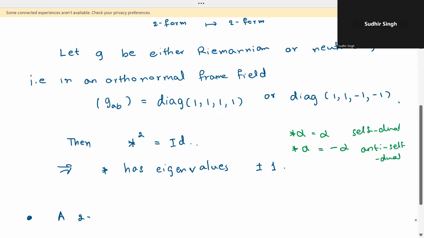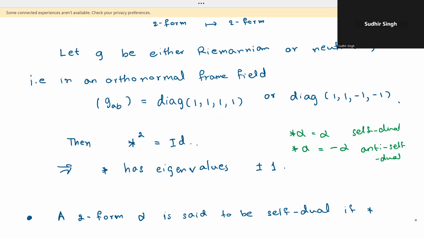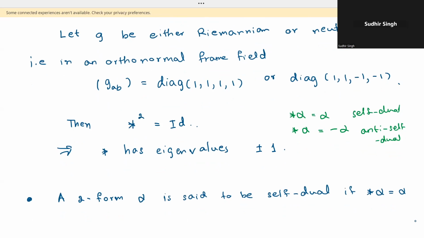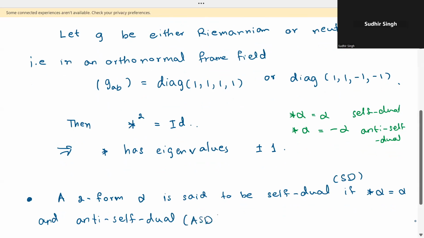So we say that a two form alpha is said to be self-dual if star alpha is alpha, and we say it's anti-self-dual if star alpha is minus alpha. This is abbreviated to SD, and this is ASD. Okay.